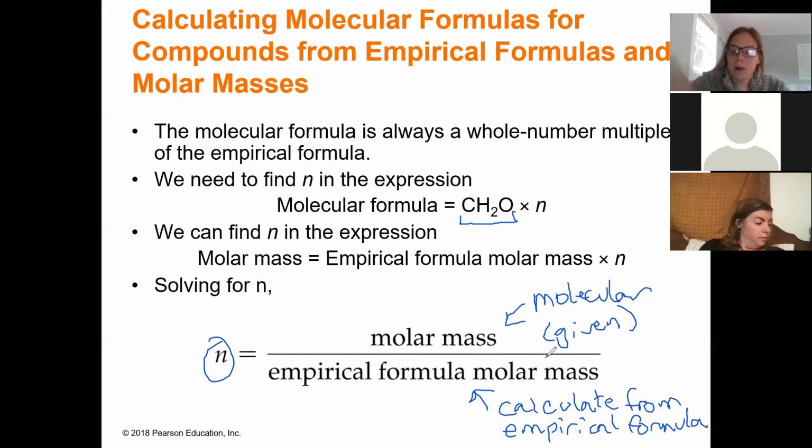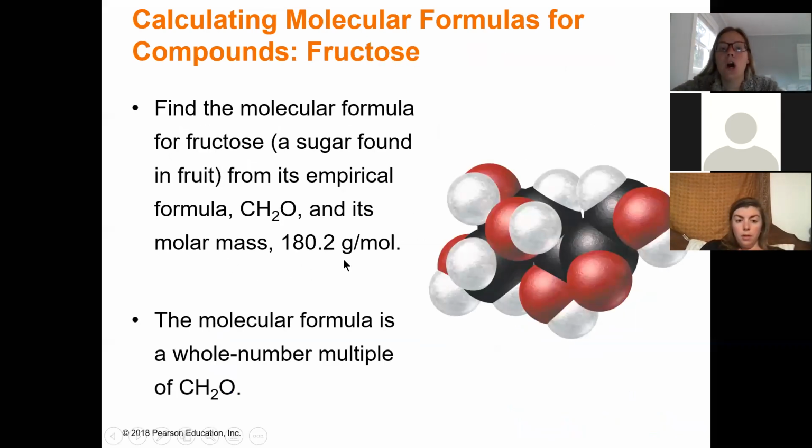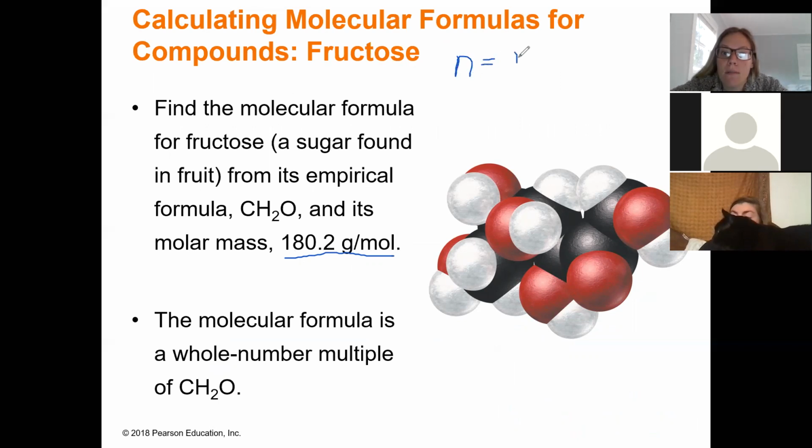So let's go to that next problem. If I know that the molar mass, and when it says molar mass, it's talking about the molecular, all right? I know that the molar mass is 180. I want to figure out what my molecular formula is. Well, I need to figure out N. So N is going to equal molecular over empirical.